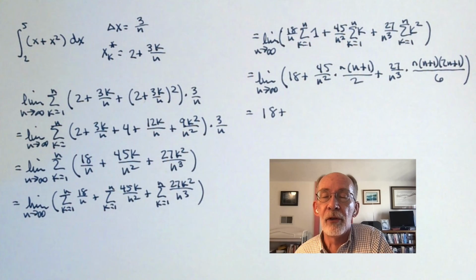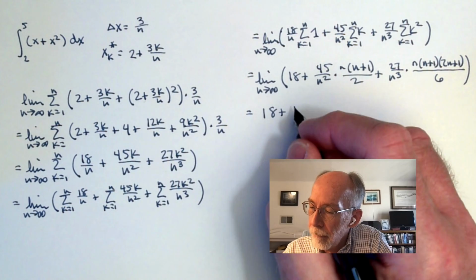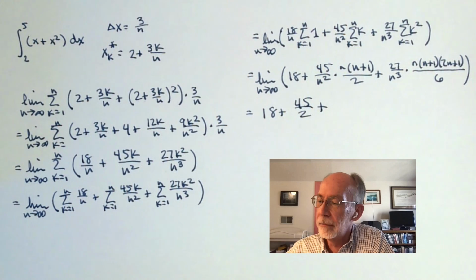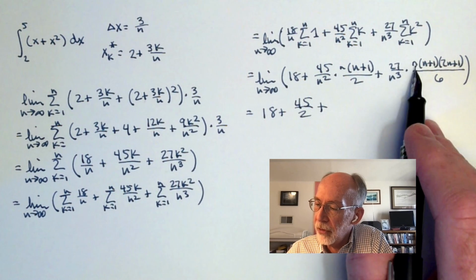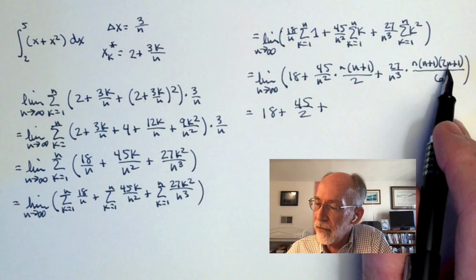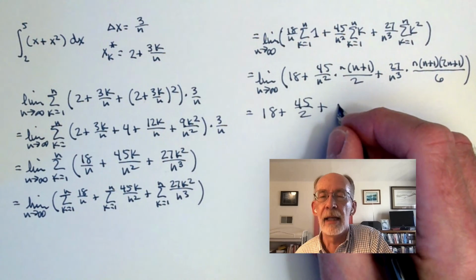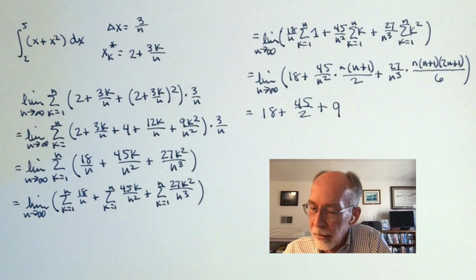Below we have a 2n squared, and so that's going to 45 halves. And finally, highest degree term on top, we got 27, we got n, and 2n, so 54n cubed over 6n cubed, that's going to 9 as n gets huge, and the lower degree terms are drowned out.